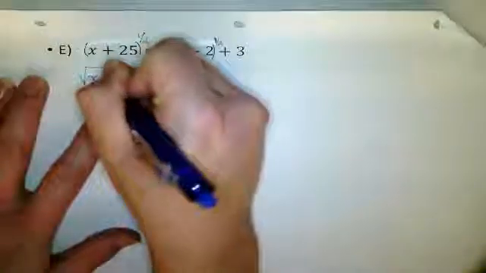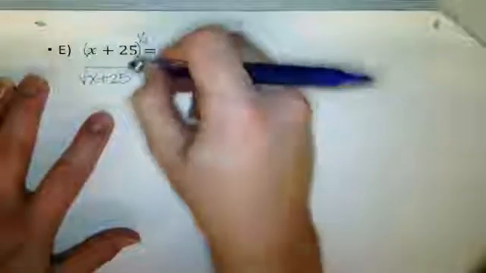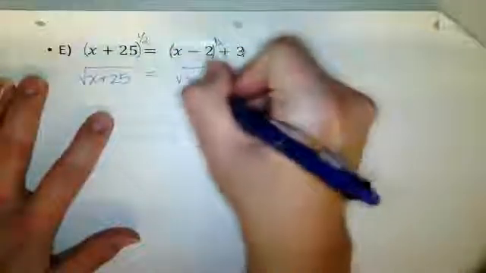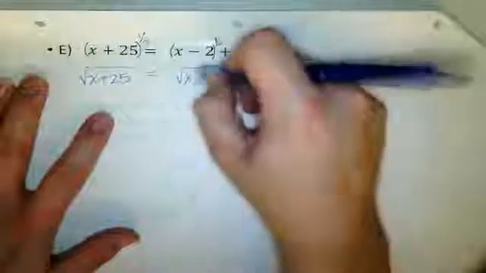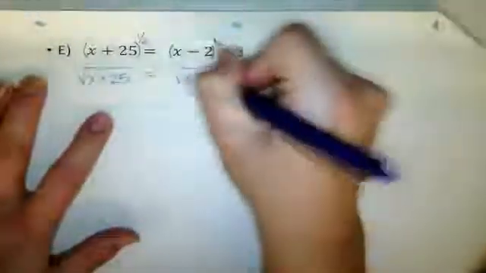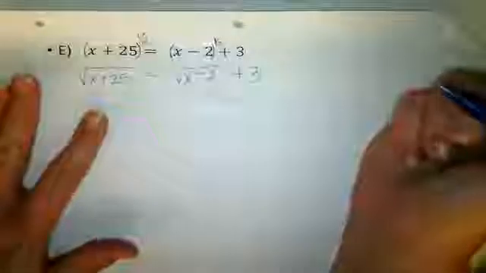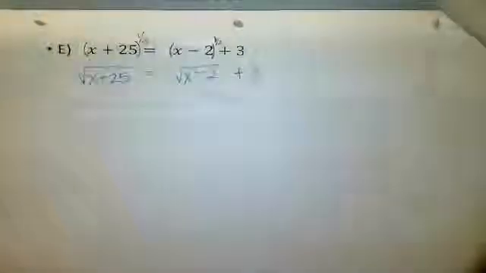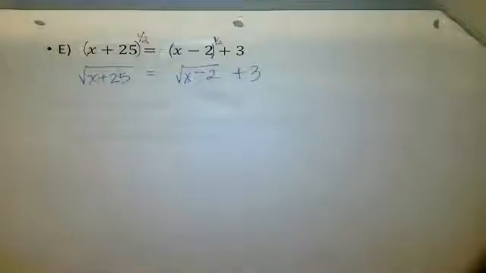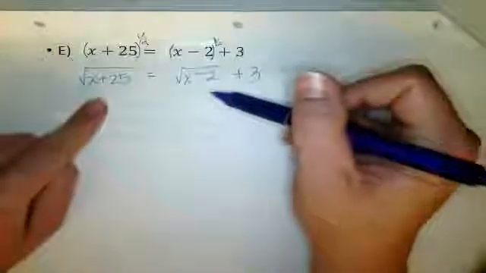So we have x plus 25 equals the square root of x minus 2, and then plus 3 on the outside. I told you before, when you have radicals, you need to isolate the radical. Well, the problem here is we've got multiple radicals, so we can't really isolate. And so this turns out to be the easiest thing to do, separate them.